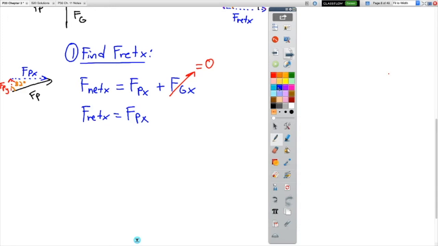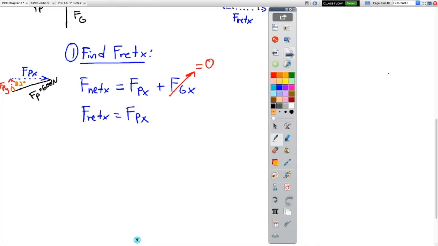So what is Phil's x component of his force? Well, we want Fpx. The 82 degrees is the angle we know, and that's opposite. That's the opposite side, right? And we know the force of Phil, that's 600 newtons. So we want the opposite, and we have the hypotenuse.